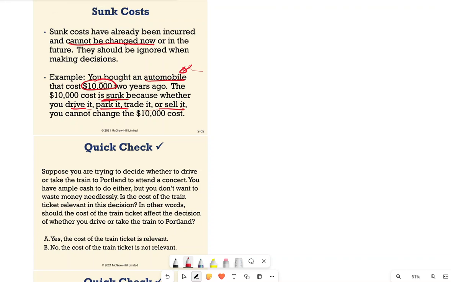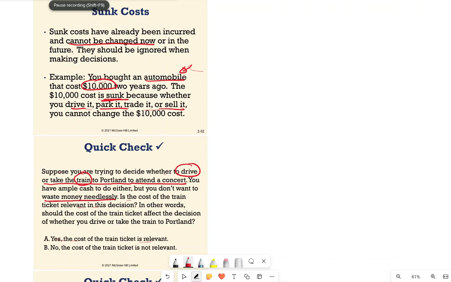Let's look at which is a relevant cost and which is not. Suppose you are trying to decide whether to drive or take a train to Portland to attend a concert. You have two options. You have ample cash to do either one, but you do not want to waste money needlessly. Is the cost of the train ticket relevant to the decision?